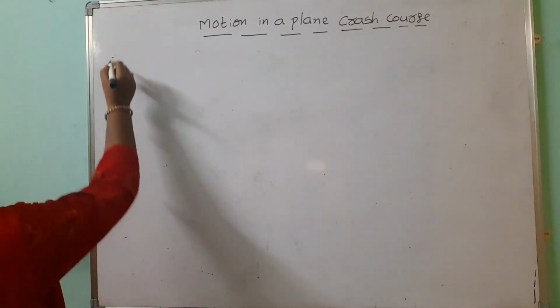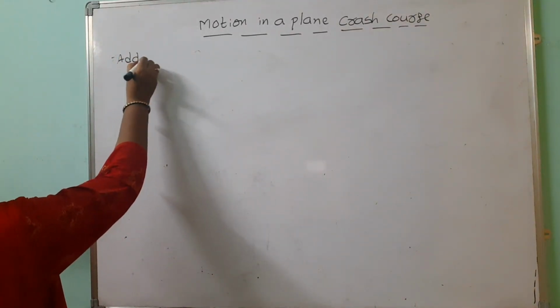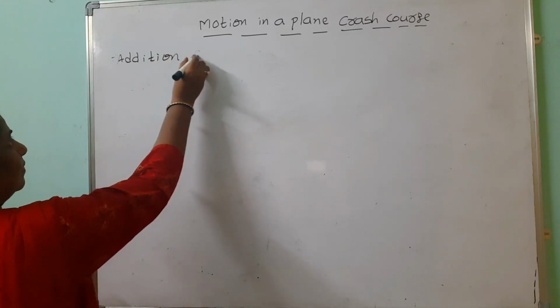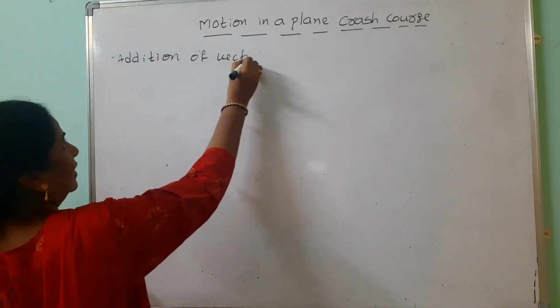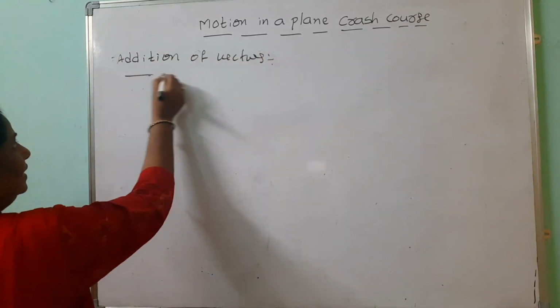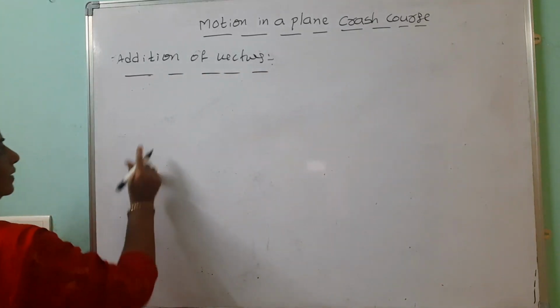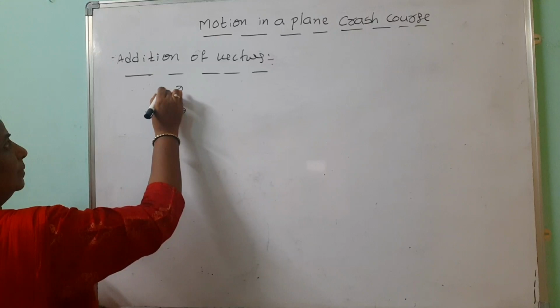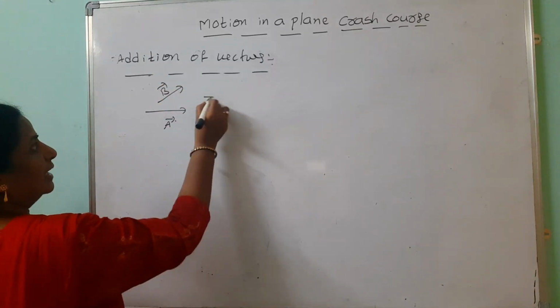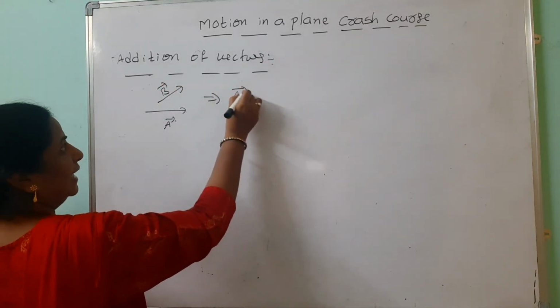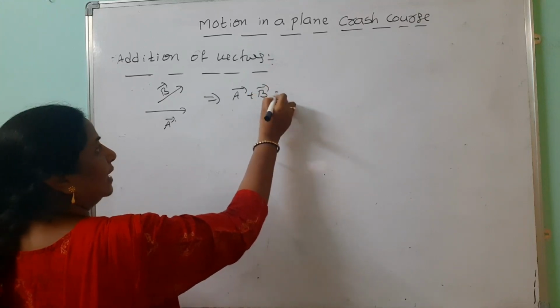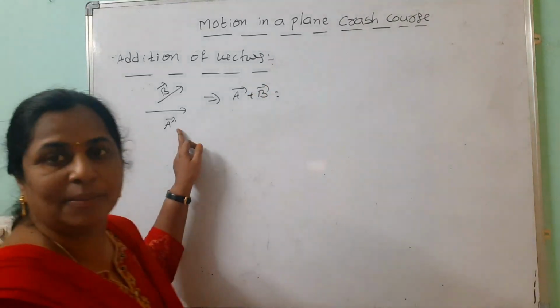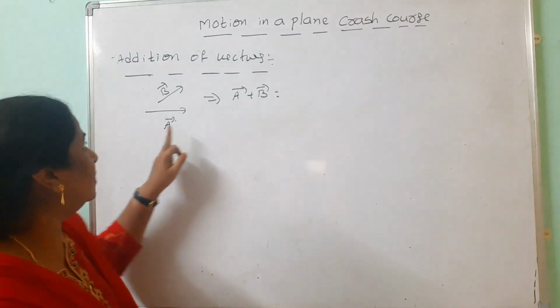Look here, addition of vectors, graphical method. Suppose this is the A bar and this is the B bar. Add these two vectors, means A bar plus B bar. But how to show it here? Just draw the parallel of A bar and the parallel of B bar.